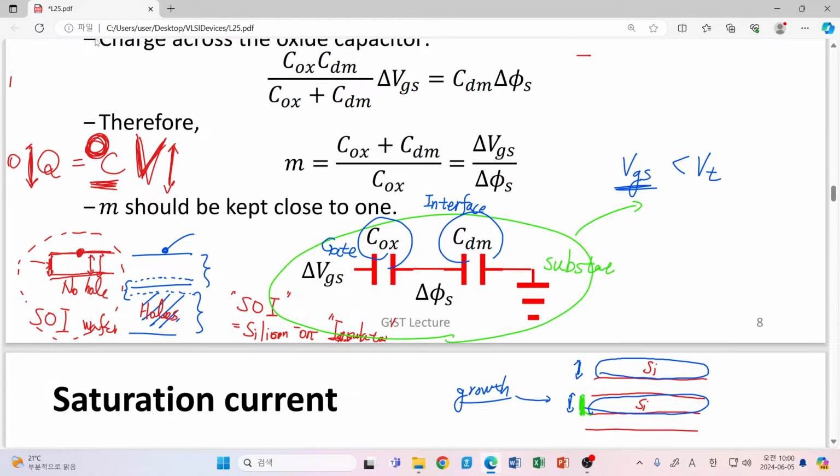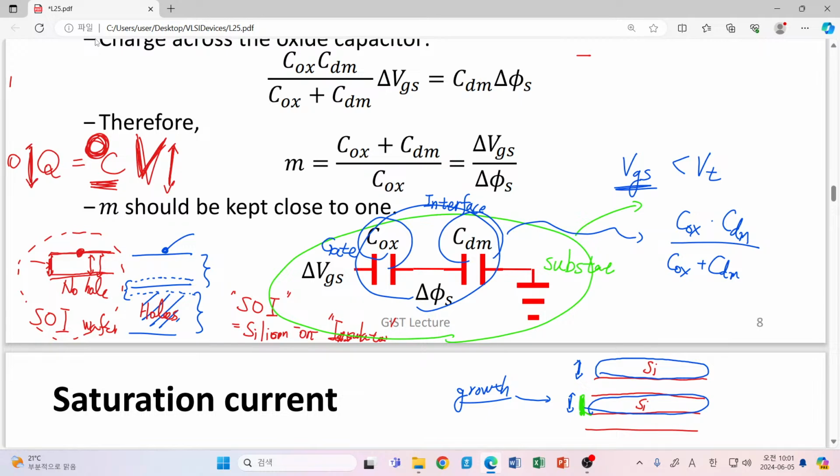They are serially connected, not in parallel. Then the overall capacitance of these two serially connected capacitances is Cox times CDM divided by Cox plus CDM. This is just the equivalent capacitance of the two serially connected capacitances.